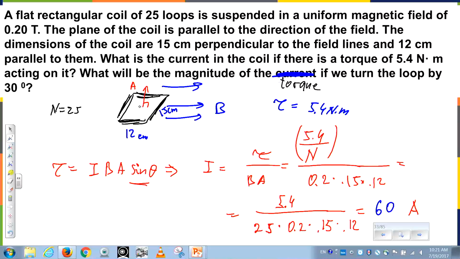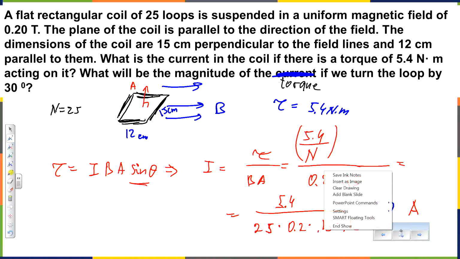So we need to change the orientation. This is the maximum orientation. So that's the initial situation: B, loop, area vector, torque equals maximum value, and that is 60 Newton times a meter.